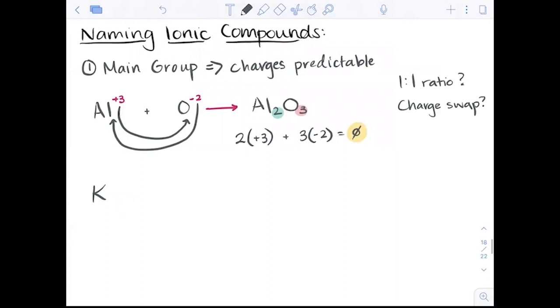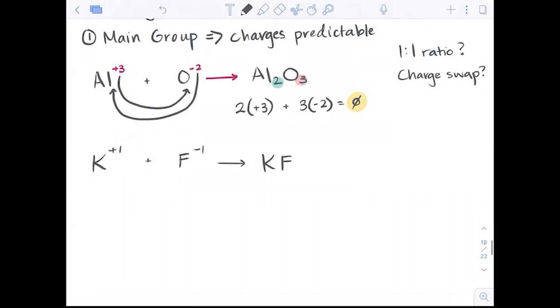Now, potassium and fluorine. Potassium is a +1, fluorine is a -1. That's a 1-to-1 ratio, so I get to write that 1-to-1 ratio. Let's do one more before we get into the naming. Magnesium and sulfur. Magnesium is a +2 charge. Sulfur is a -2 charge.